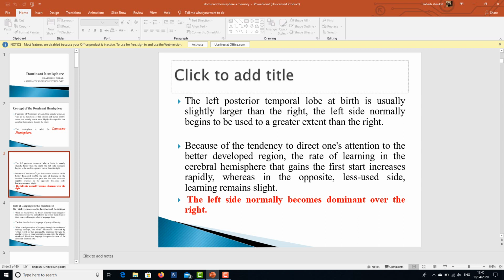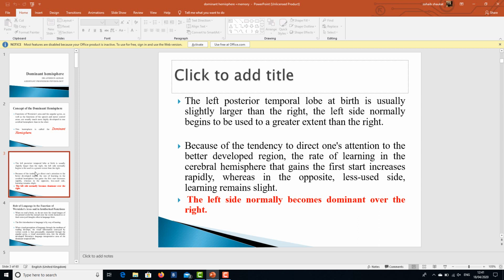Because of the tendency to direct one's attention to the better developed region, the rate of learning in the cerebral hemisphere that gains the first start increases rapidly, whereas in the opposite, the less used side, the learning remains slight. The left side normally becomes dominant over the right.